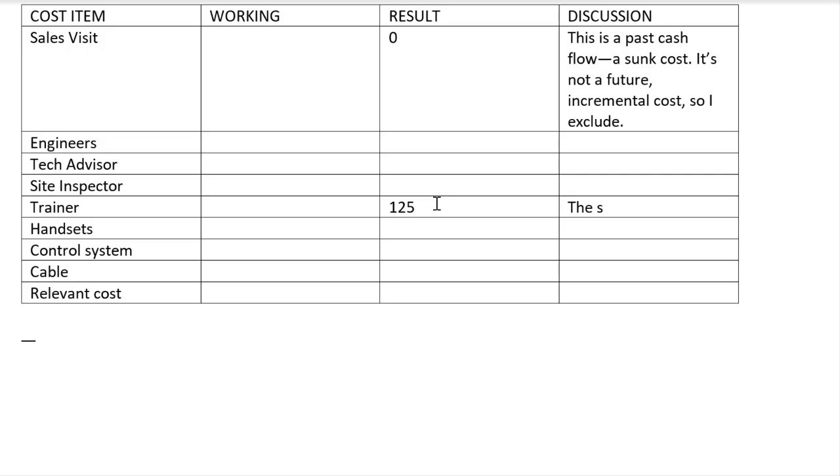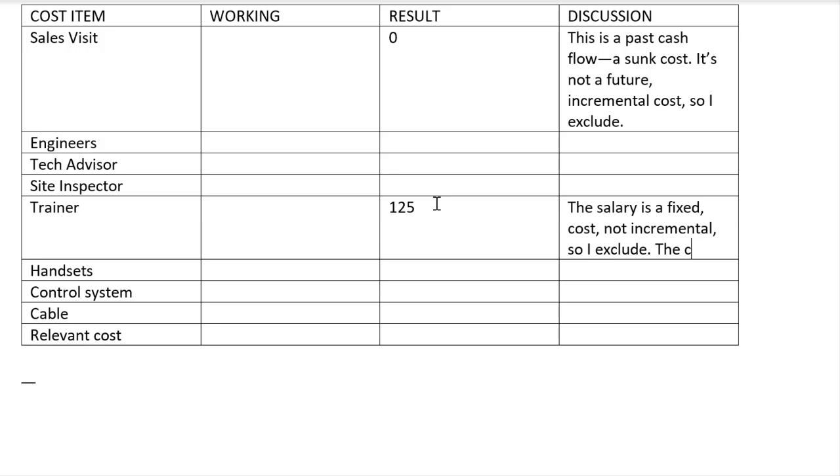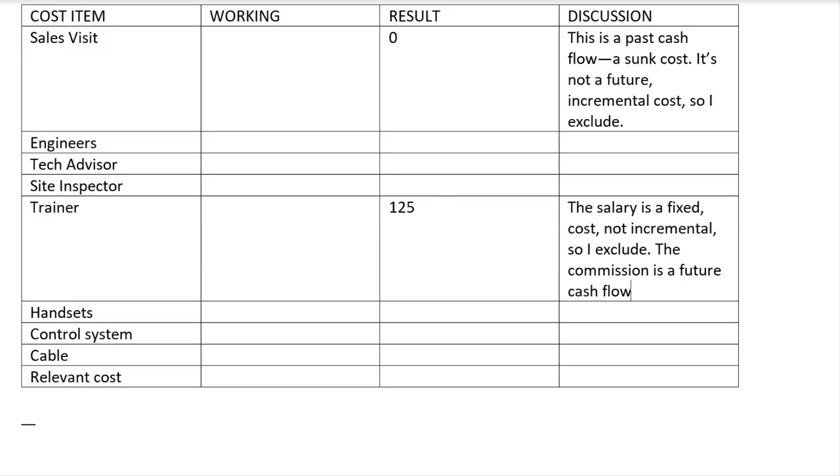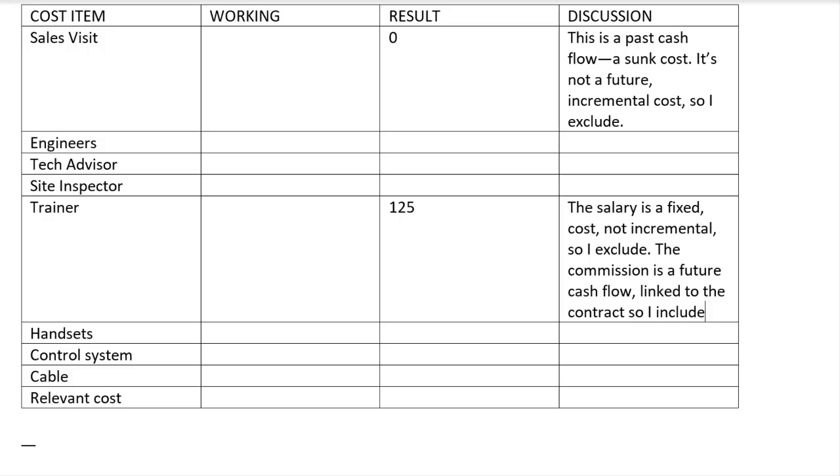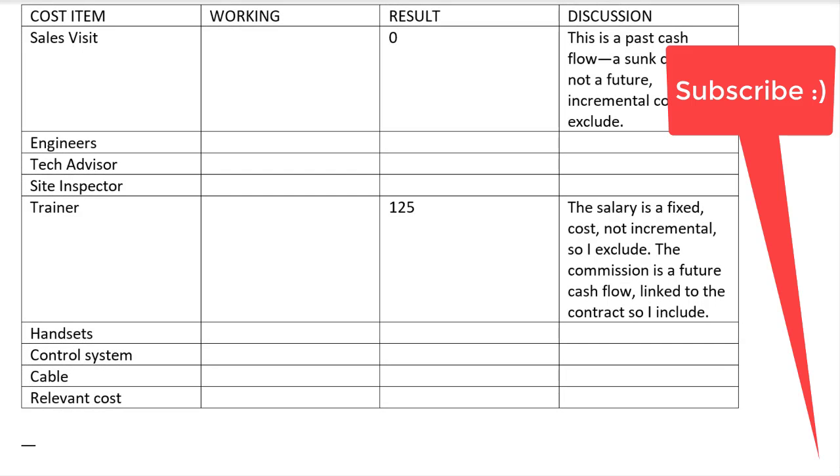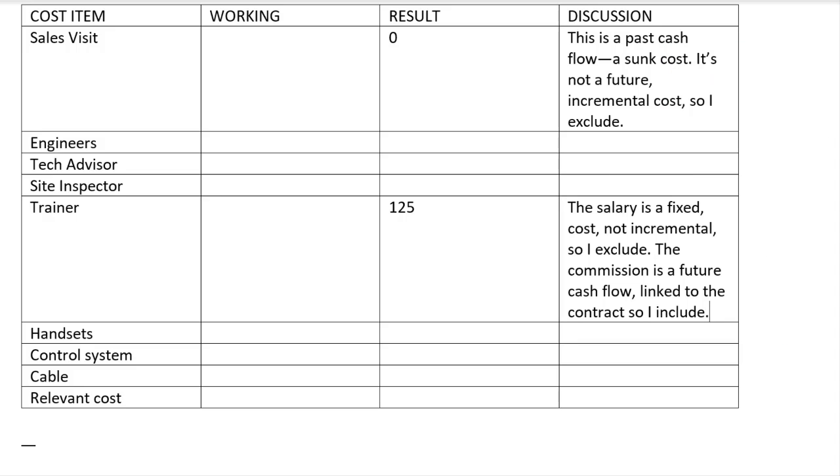The salary is a fixed cost, not incremental, so I exclude. The commission is a future cash flow linked to the contract, so I include it.